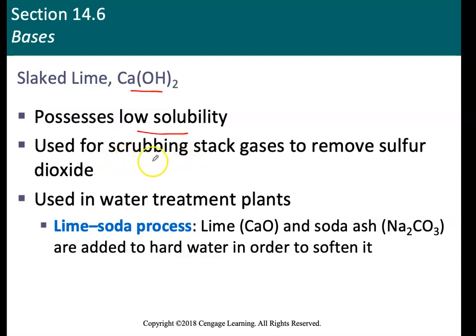These are very useful in the process of lowering the acidity of gases that are produced into the atmosphere. And another important use is that calcium oxide and sodium carbonate are used for the water softening process.